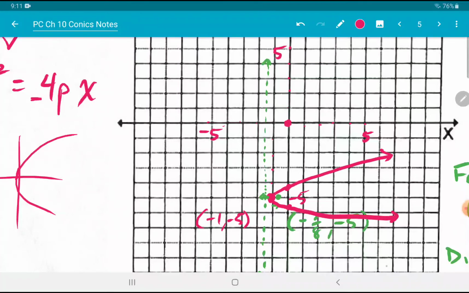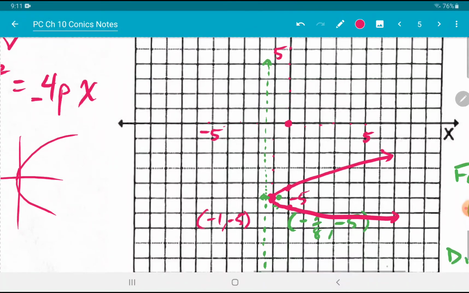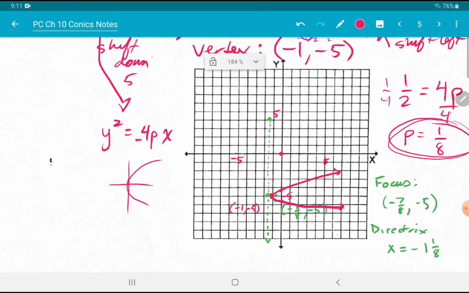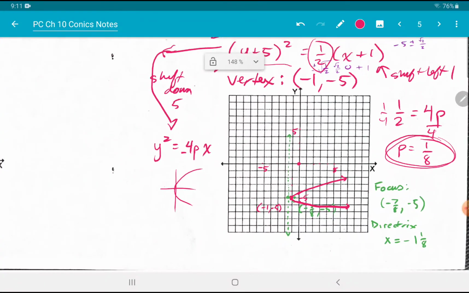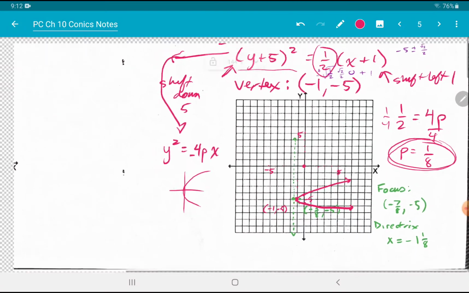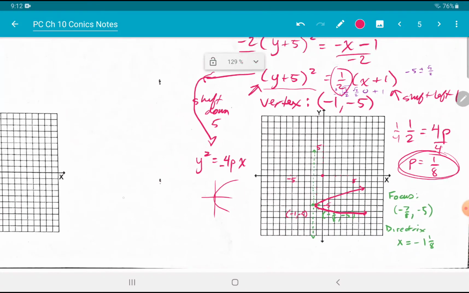Do your best. Okay? I know that this was a particularly hard parabola to draw just because it was such small numbers. One thing you'll notice is our parabola is a fairly slender parabola, and one reason for that is because the closer the focus is to the vertex, the more slender the parabola will be.